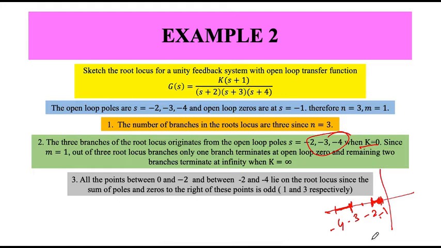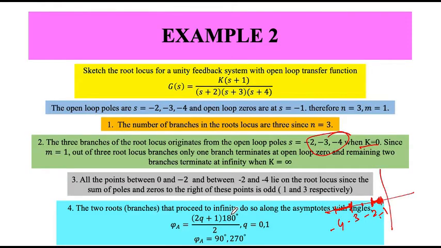Now we will see the two roots that proceed to infinity, to draw the asymptotes with angles. So phi has two values, so it will be 90 and 270.